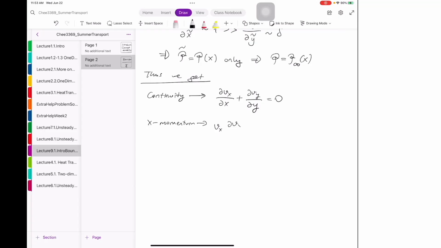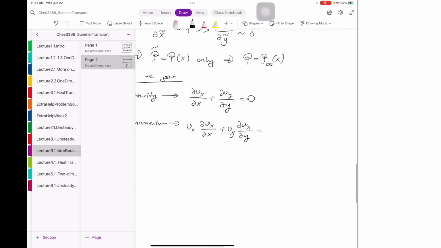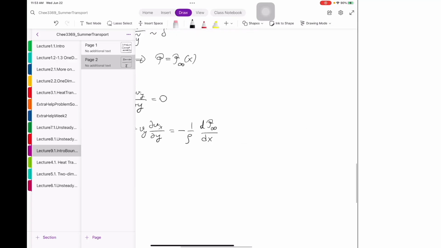Vx del Vx over del x plus Vy del Vx over del y is equal to minus 1 over rho dP infinity over dx, because it's only a function of x, plus nu del square Vx over del y squared.